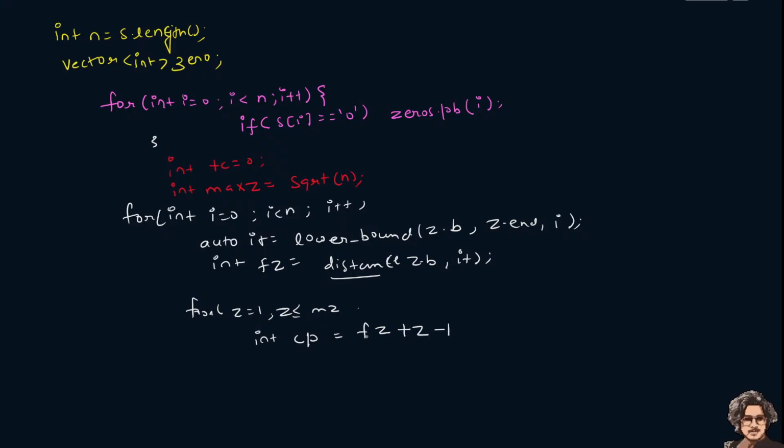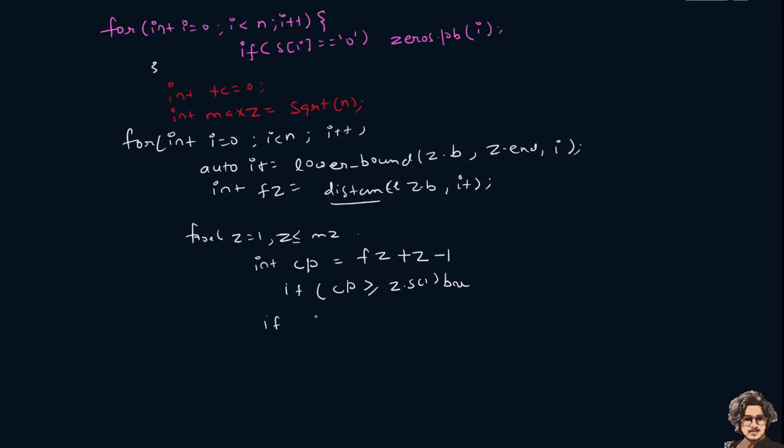If the current position is greater than or equal to zeros.size, we break, because if there isn't a zero remaining after that index, we have to stop.